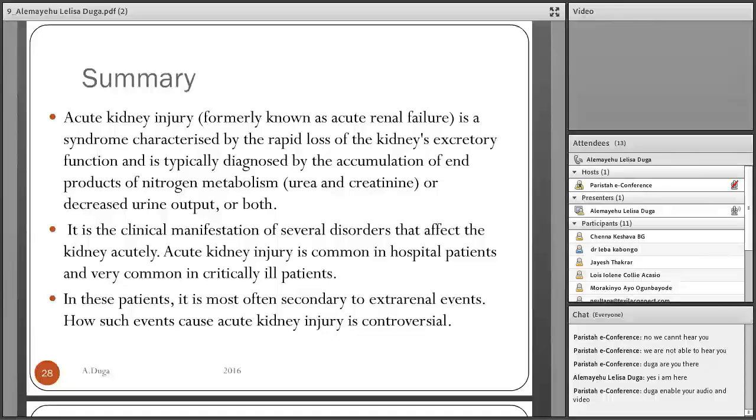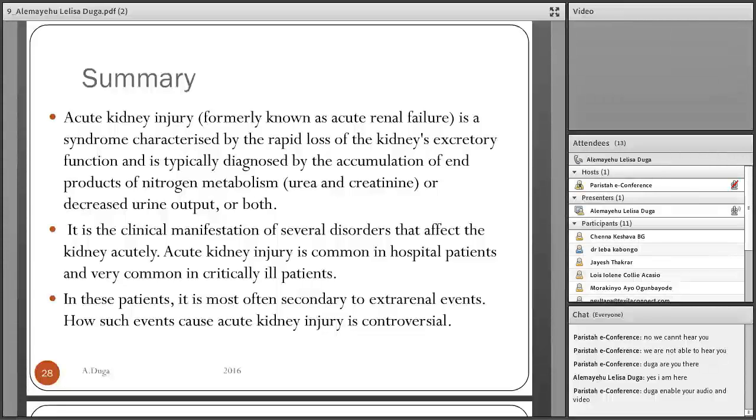When I come to the summary of my presentation, acute kidney injury, formerly called acute renal failure, is a syndrome characterized by a rapid loss of kidney excretory function. It is typically diagnosed by accumulation of products of nitrogen metabolism or decreased urine output. It is the clinical manifestation of several disorders that affect the kidney acutely. Acute kidney injury is common in hospital patients and very common in critically ill patients because it can also be caused by different drugs which are administered in the hospital.